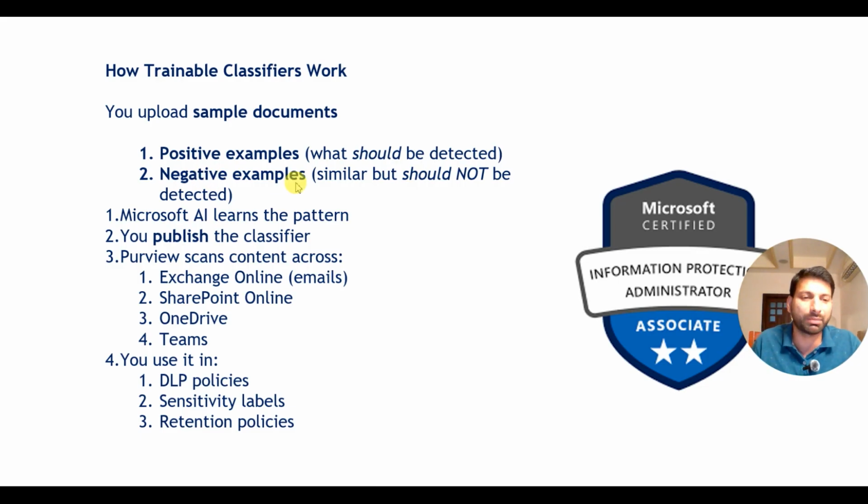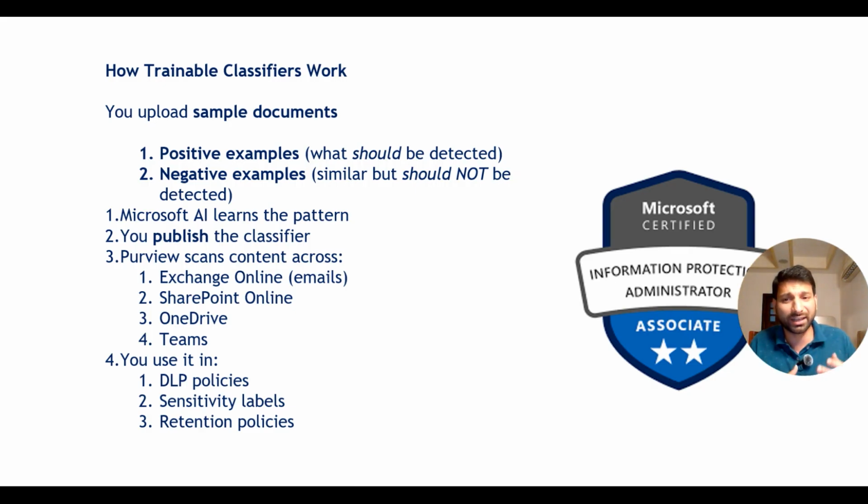We will create one trainable classifier right now. But before that, let's know how we can create it. We can give some positive examples, what should be detected. Negative samples should not be detected, and Microsoft AI learns this pattern. You publish the classifier.